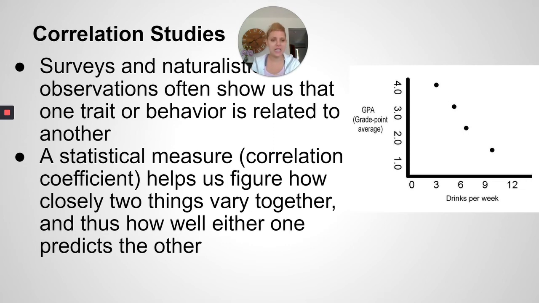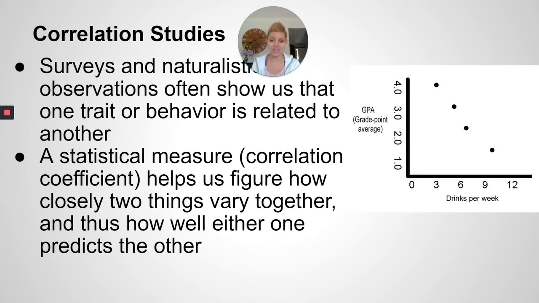And so it's saying that there is a correlation between the amount of alcohol that this person is consuming in a week and their GPA, identifying that the higher their GPA, the less alcoholic beverages that they are consuming in a particular week. And so this is just telling me that those things correlate.